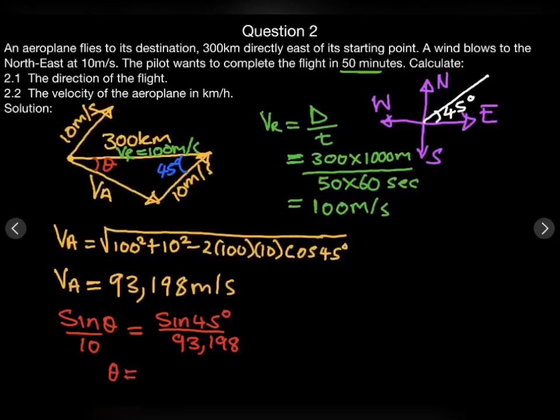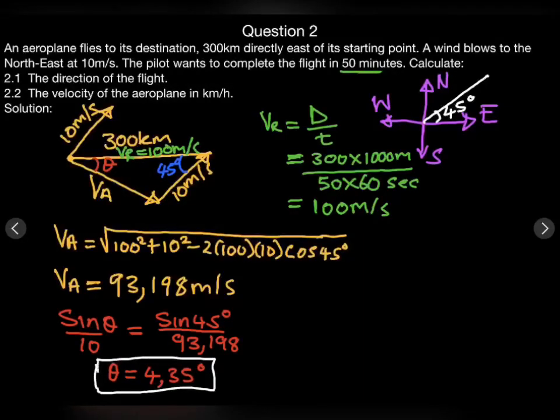When we solve this sine rule for theta, we get theta equal to 4.353 degrees. So we get theta as 4.35 degrees.